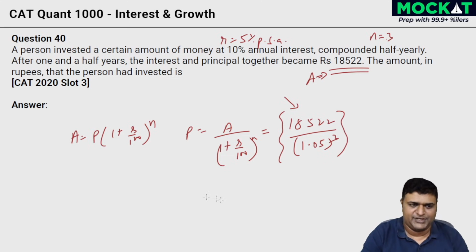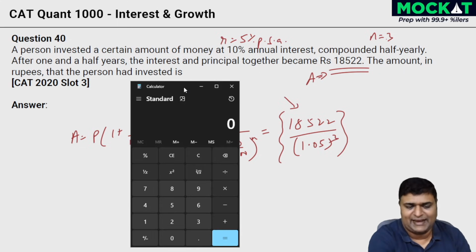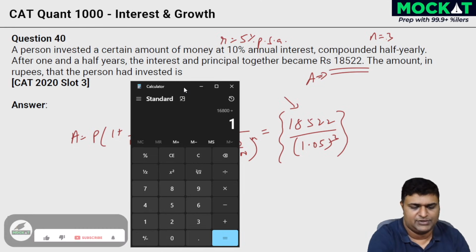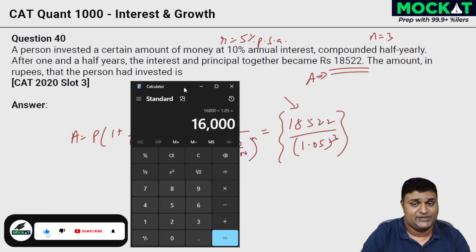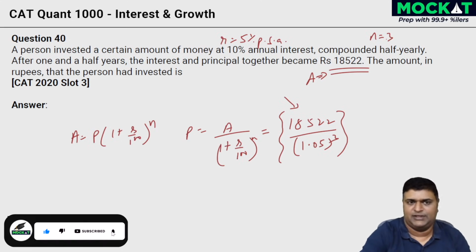At this point, you can use a calculator to answer, because again, there are no step marks over here. Don't do a 1.05 cube, just divide by 1.05 3 times, right? 3 times, and we'll get our answer over here as 16,000. That becomes the answer for this question.